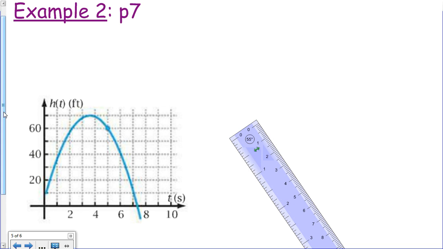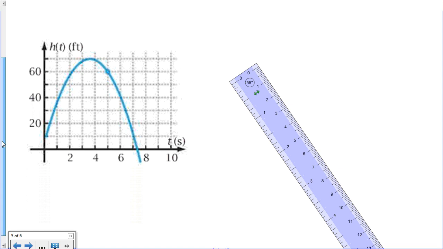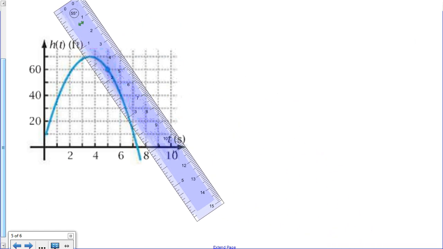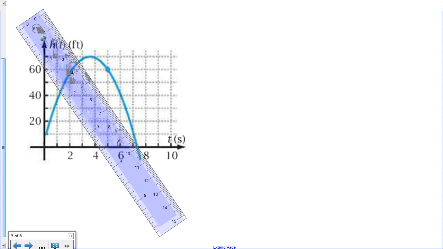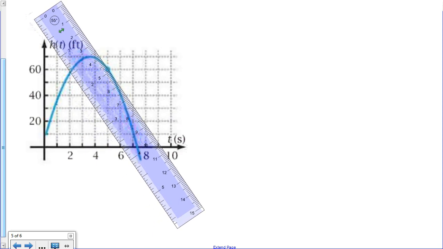So again, what we're going to do is use a straight edge to help us mark this tangent line in here. So let me just grab my straight edge, and I'm going to come in from the concave side of this as I do this. I'm trying to cover up everything on this graph except for that one point. And then I'm going to sketch the tangent line here.